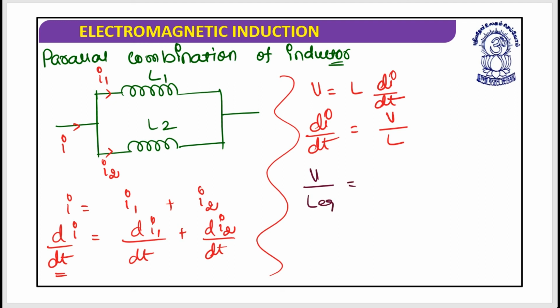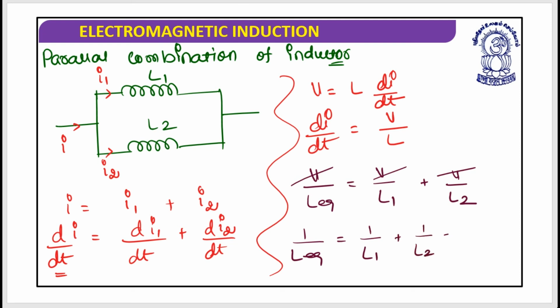This equals V divided by L1, because the potential drop will remain the same as they are connected in parallel, plus V by L2. The V cancels, and 1 by L equivalent equals 1 by L1 plus 1 by L2 plus 1 by L3 up to 1 by Ln.